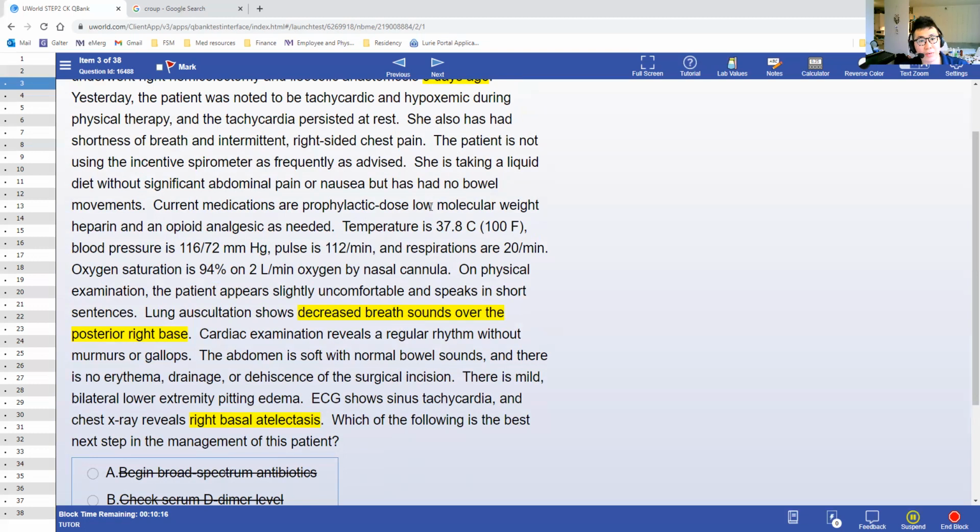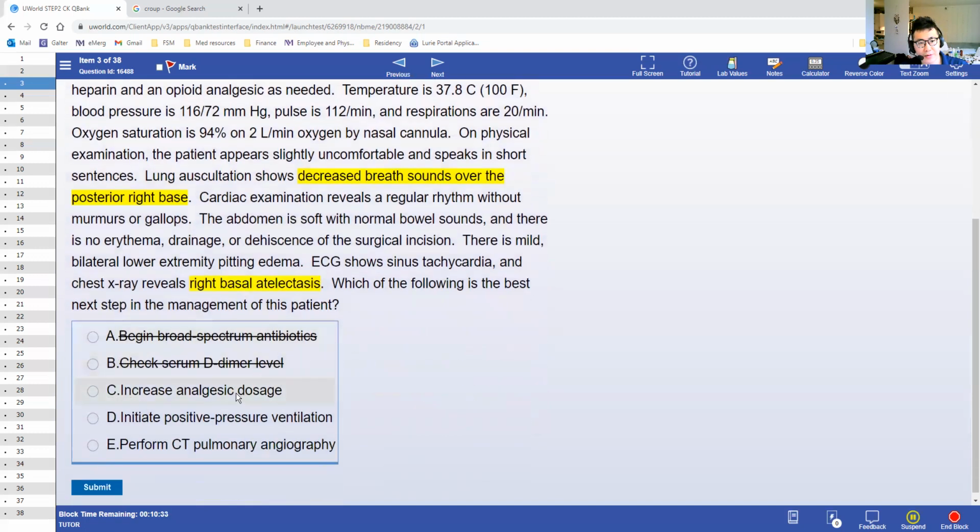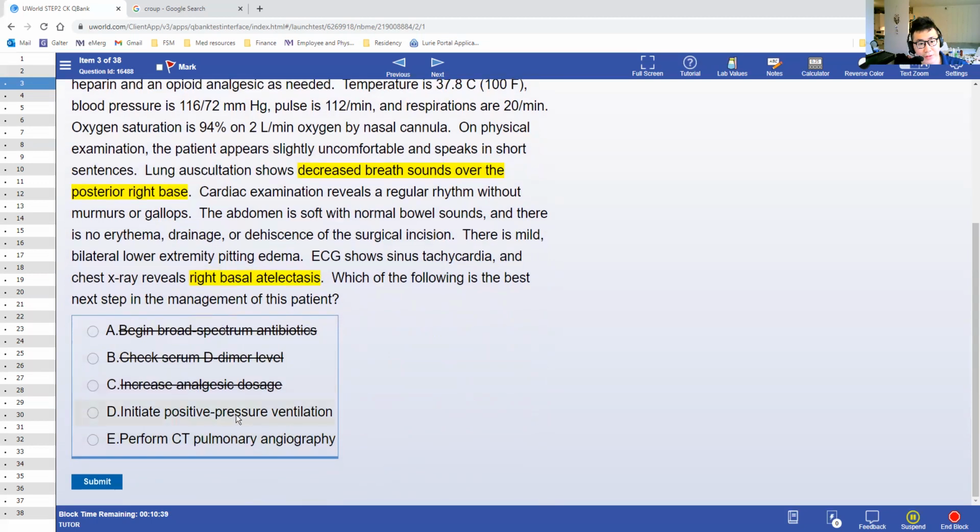Could she start on a PE? She's already on prophylaxis, and then this chest pain makes it look like she might. However, I don't think PE would show up as atelectasis either. Analgesics, no. If she had a broken rib, maybe yes, but otherwise no.